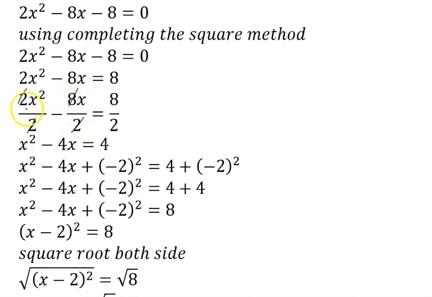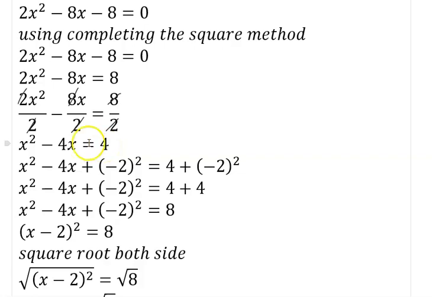Awesome. By implication, we have x squared minus, we are left with 4 here, 4x. 8 divided by 2 also can give us what? 4. So we have 2 here, 1, 2 here, 4. Beautiful. So we are left with what? x squared minus 4x equals 4.